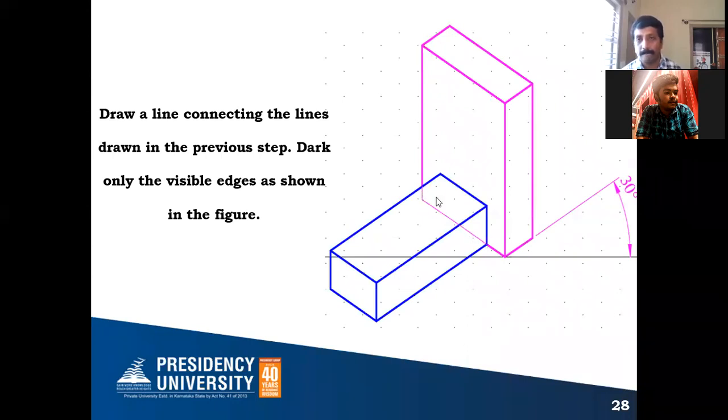Within this it will come. Okay, exactly like this you are going to get the isometric projection of this combination. So this is how you have to do it. So this completes the two rectangular prisms perpendicular to each other, which are placed like this. So next, one more different type I have taken here.